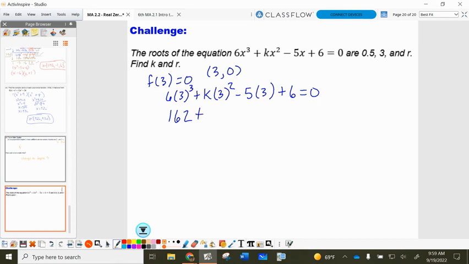And then 3 squared is 9, so we've got 9k minus 15 plus 6 equals 0. Okay, so then if I combine like terms, that gives me 9k, 162 plus 6 would be 168 minus 15, 153 equals 0.